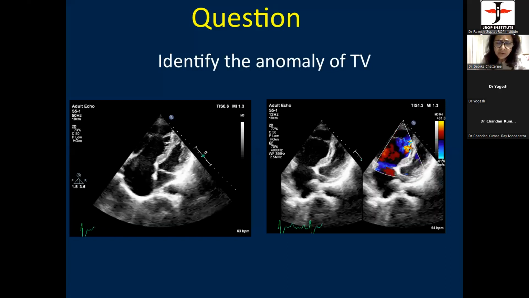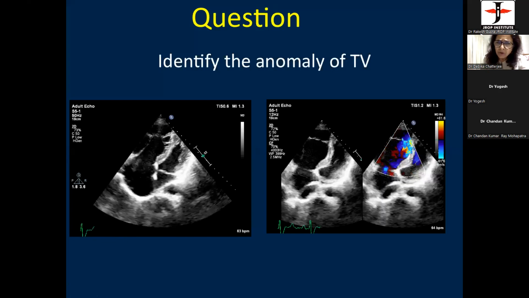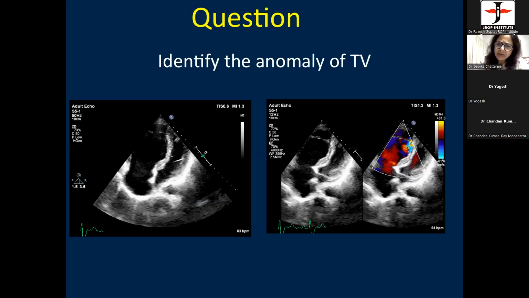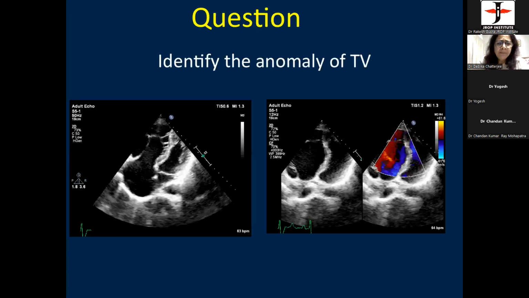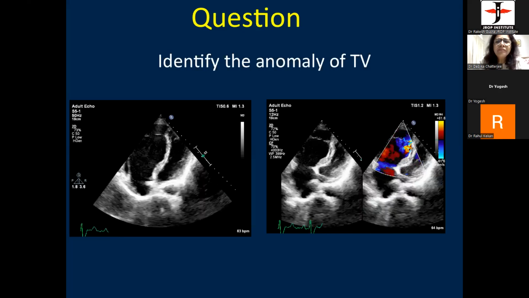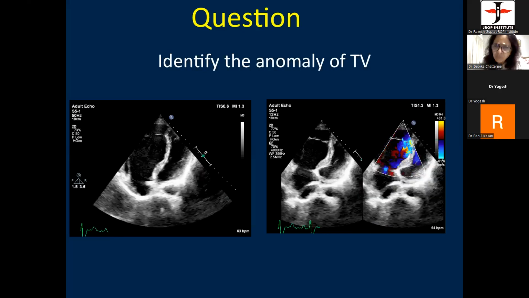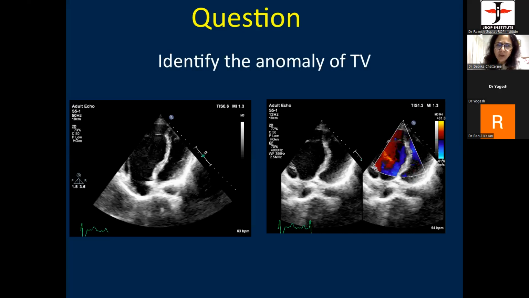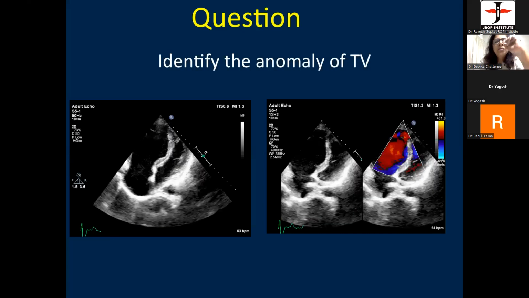The absolute value is 20 millimeter or more. And if you take the body surface area, it is 8 millimeter per square meter body surface area. Thank you, ma'am.